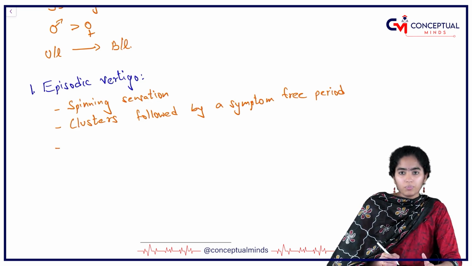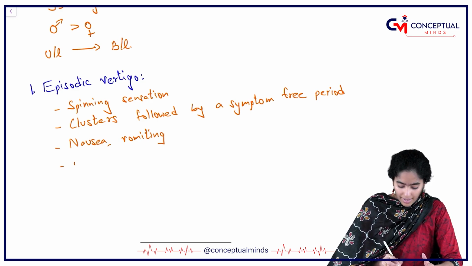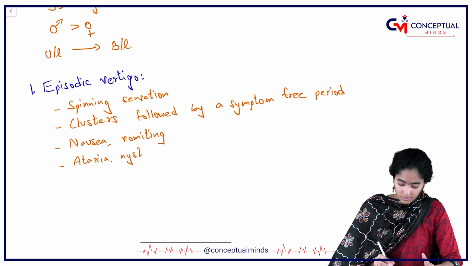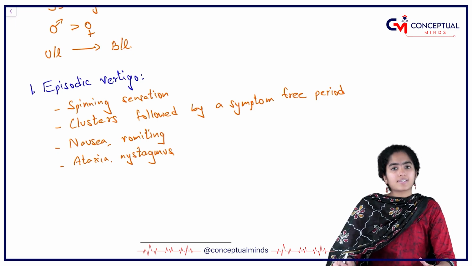Along with vertigo, it is accompanied by nausea and vomiting, ataxia and nystagmus.